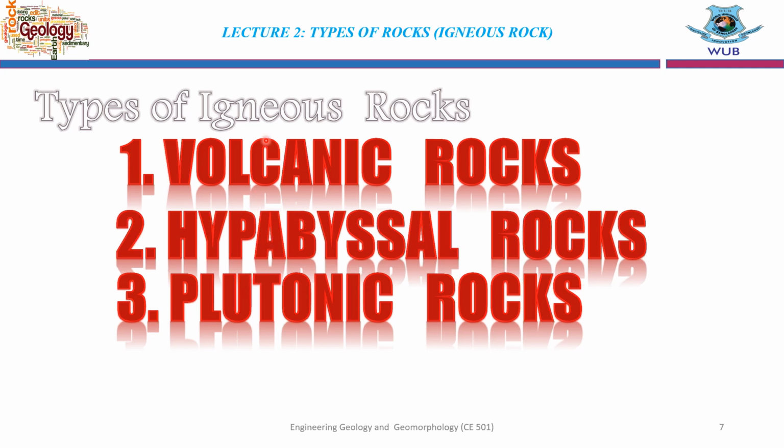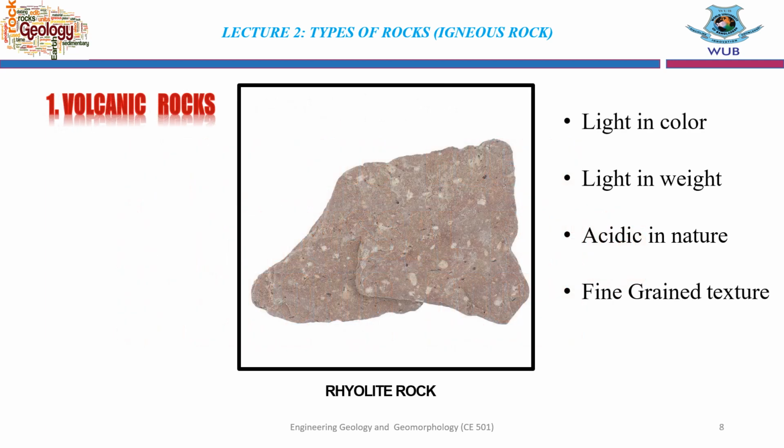These are the children of igneous rock. This is an example of a volcanic rock, rhyolite, which is light in color, light in weight, acidic in nature, and fine grained in texture.